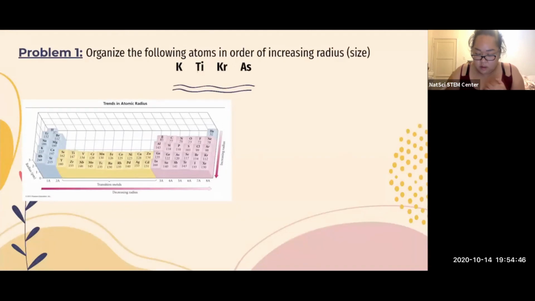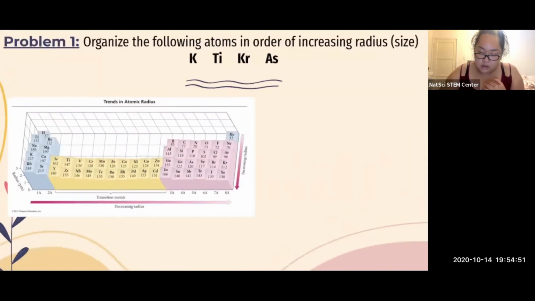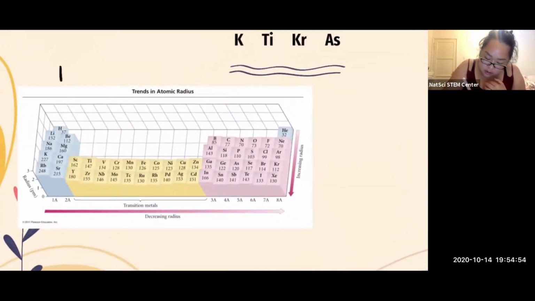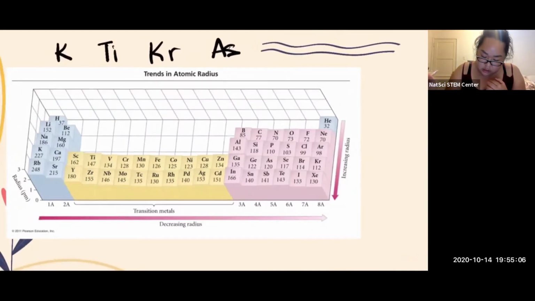Here we're going to rank them in increasing size. We have potassium, titanium, krypton, and astatine. Let's look here and put them through. I'll color them. So we have potassium, titanium, krypton, and astatine.